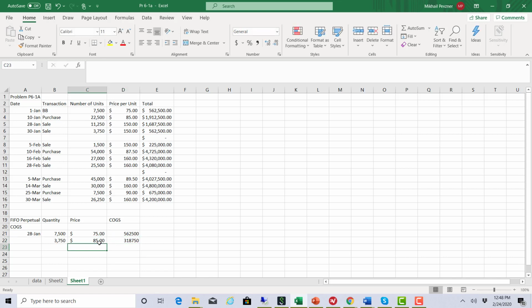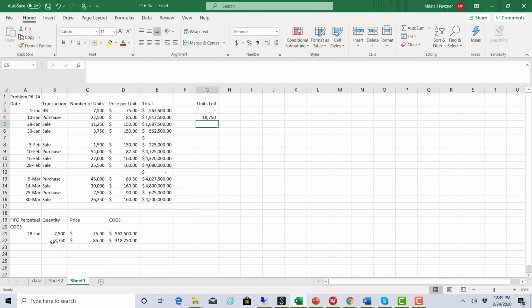And that gives us that. So let's put some dollar signs here. You can track how many units are left: we have 0 units left from the first layer because we spent all of them, and we have the second purchase remaining.